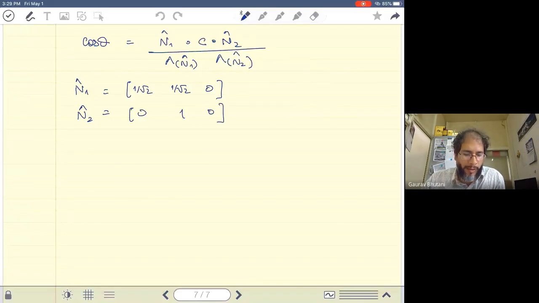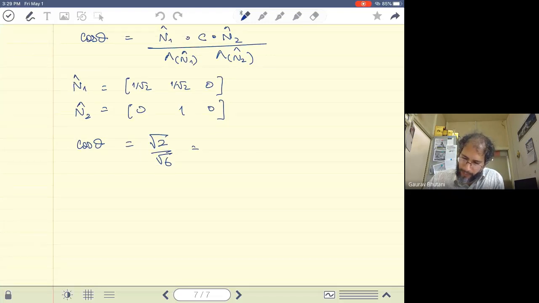It's simply a matter of substituting these things and getting the answer. When you do that, you get cos theta as root 2 by root 6, that's nothing but root 1 by 3. So theta is 54.7 degrees.